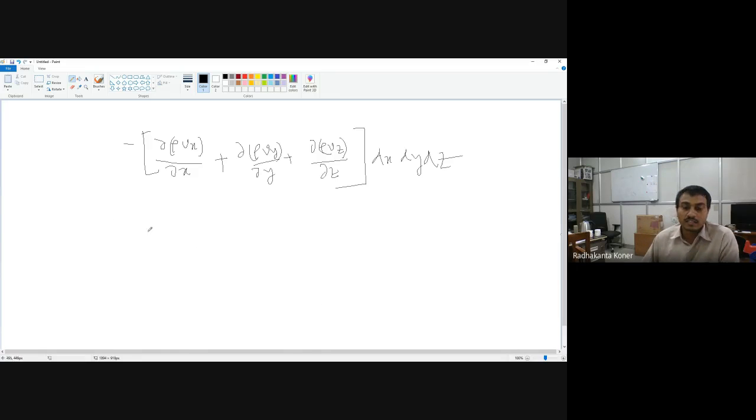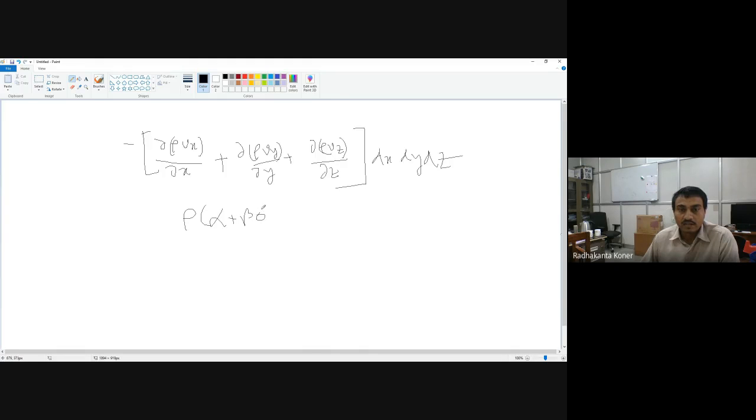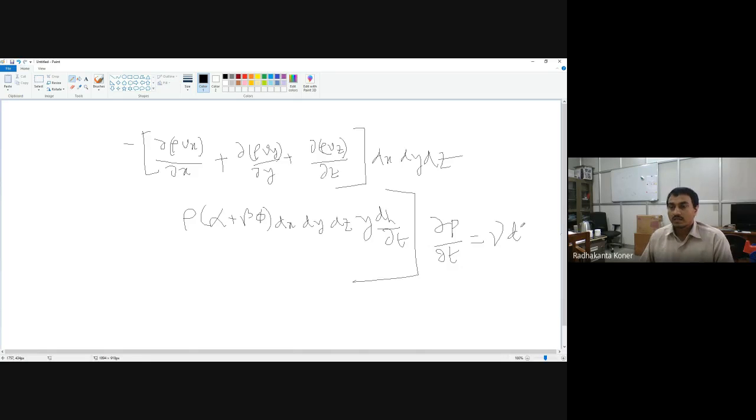Now the change in mass: it is observed that rho should be multiplied by alpha plus beta phi, dx dy dz gamma dh. Why is this so? Because it is observed that del P divided by del T is equal to gamma dH divided by dT.